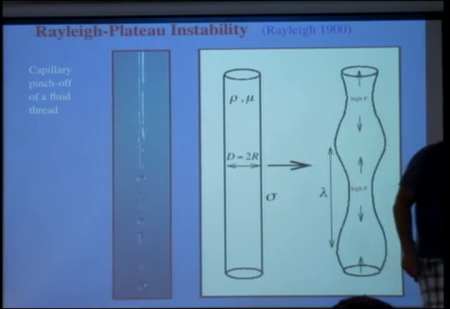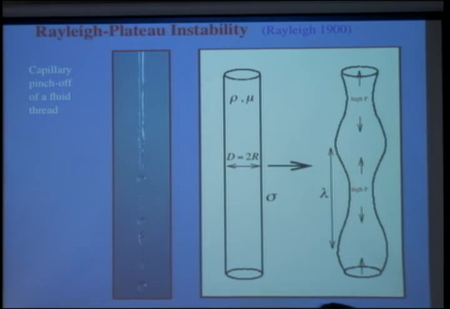Surface tension isn't changing, it's just the surface area, and the surface energy is the product of those two. So the system is acting to minimize surface area. That's our guiding light in all of these interfacial problems.